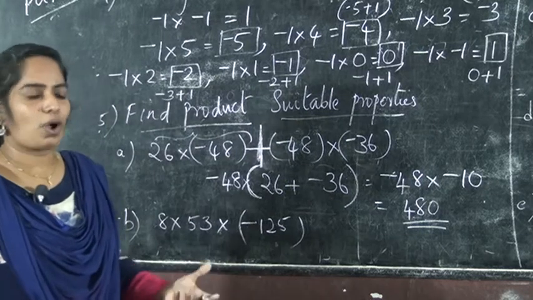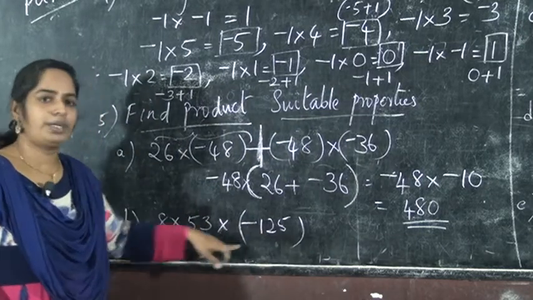So it becomes what? 8 into 125, it becomes 1000.